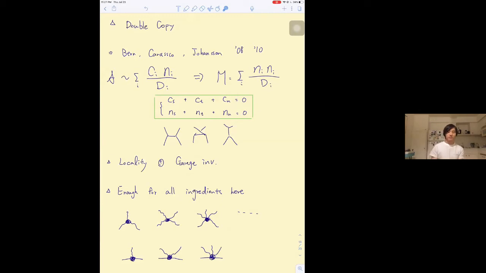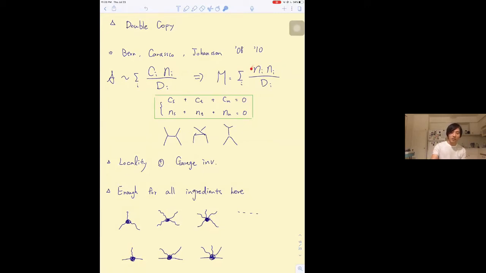gauge invariance. So in order to bootstrap the gravity amplitude, a key insight is that the gauge invariance relies on this Jacobi identity. If we can massage the numerators to satisfy the same Jacobi identity, then we can replace the color factor with the kinematic factor, and the resulting amplitude will also preserve gauge invariance.